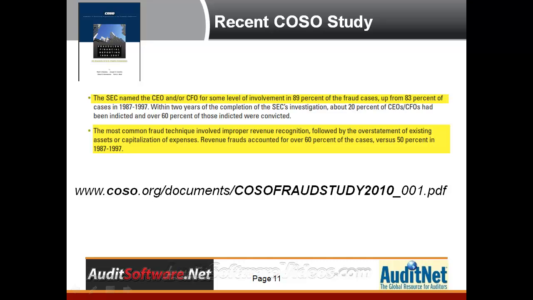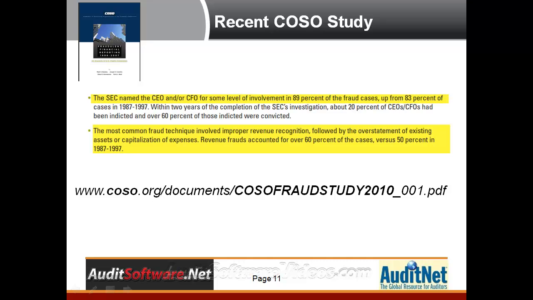Now, the most common fraud technique is revenue recognition, and just not setting up that revenue recognition properly, which, going back to some of that ACFE work, could be something where they've overstated the revenue, or there's a timing difference.